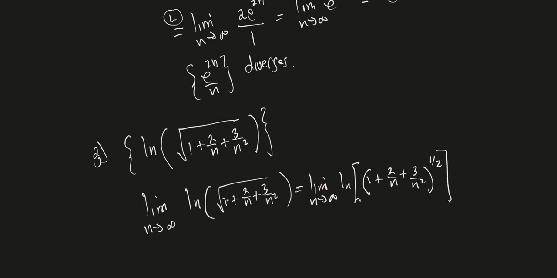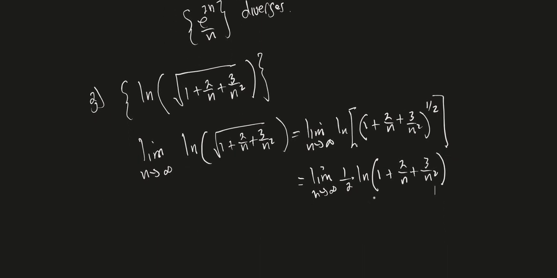So just write that square root as the 1/2 power, and we have that property of logarithms that allows us to bring the 1/2 and put it in front of the ln. So this is the limit as n goes to infinity of 1/2 times the ln of 1 plus 2 over n plus 3 over n squared.